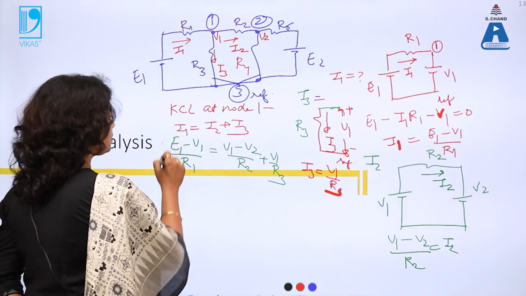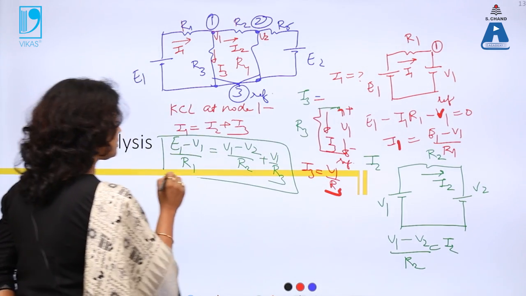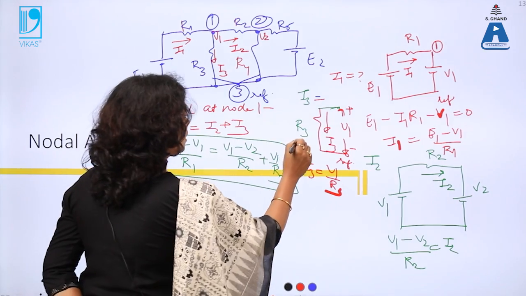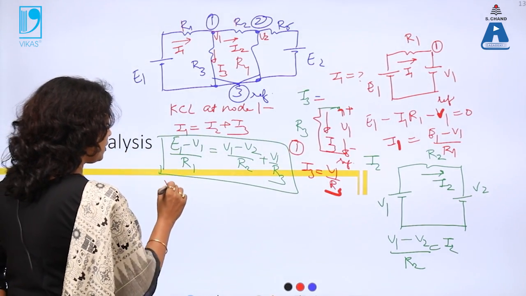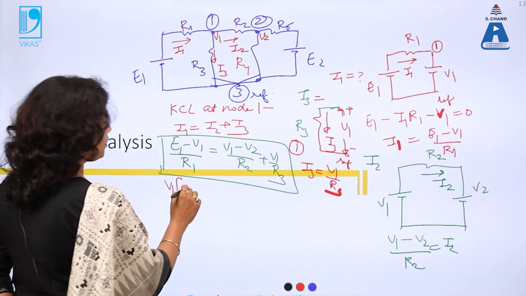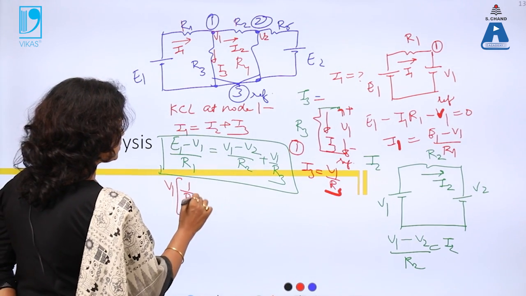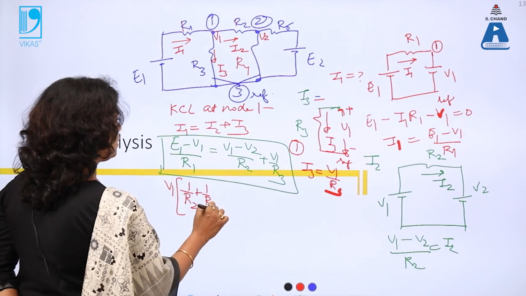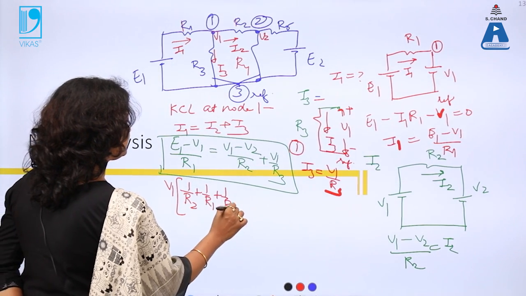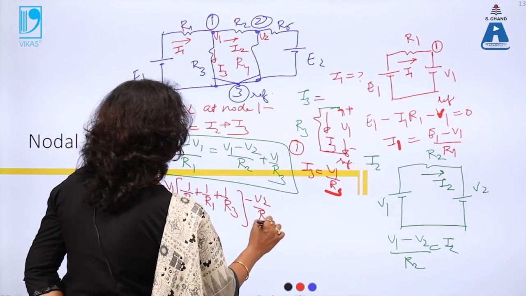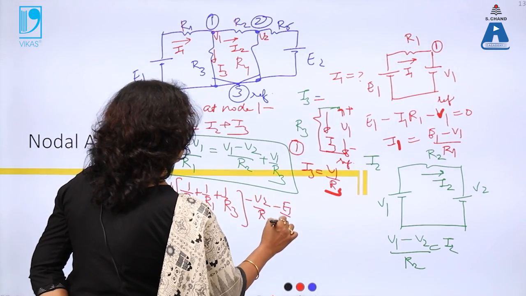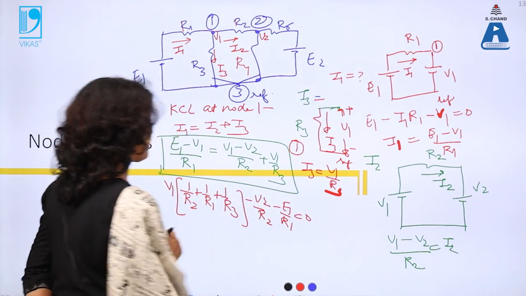So this is my first equation. I can further solve it by taking V1 common. So when I take V1 common, the rest all elements can come like this, 1 by R1 plus 1 by R3. Whatever is left is V2 by R2 minus E1 by R1 is 0.